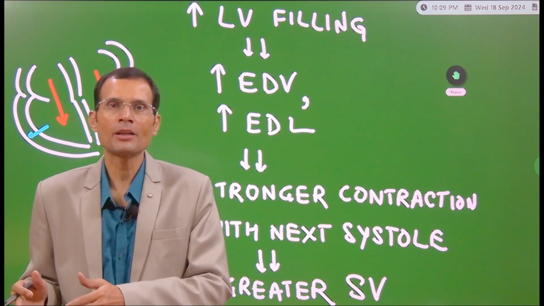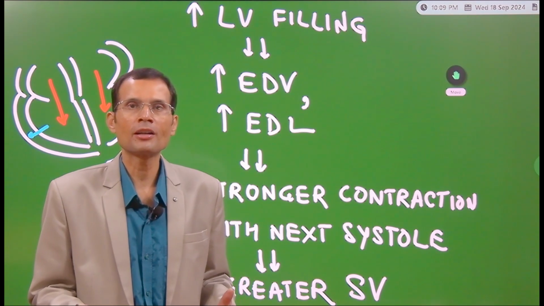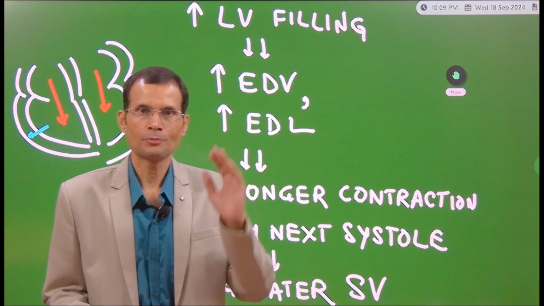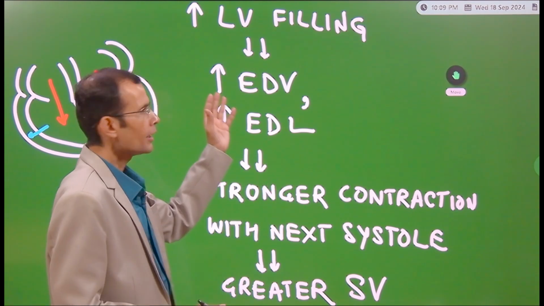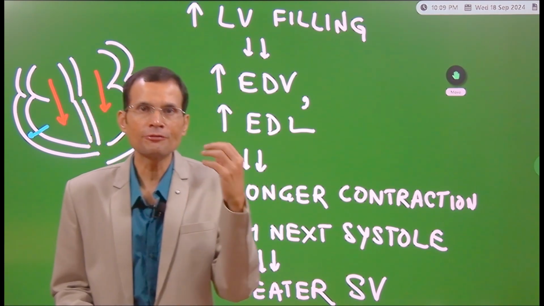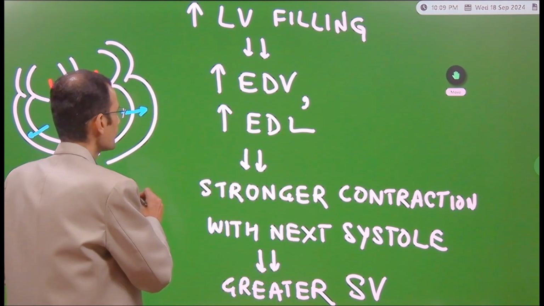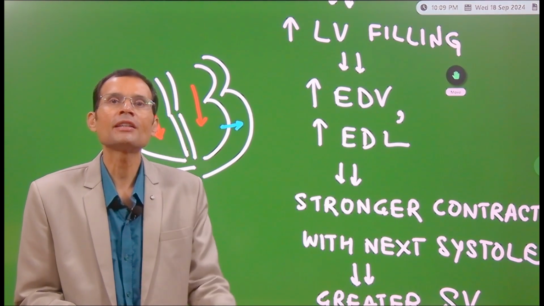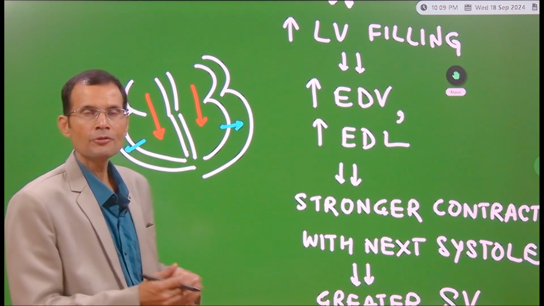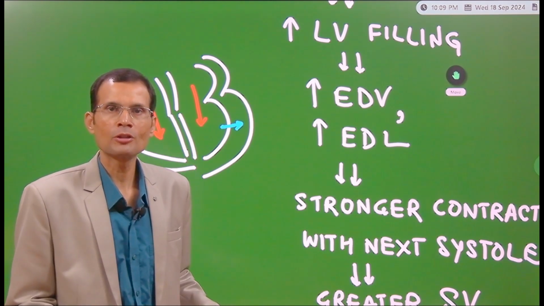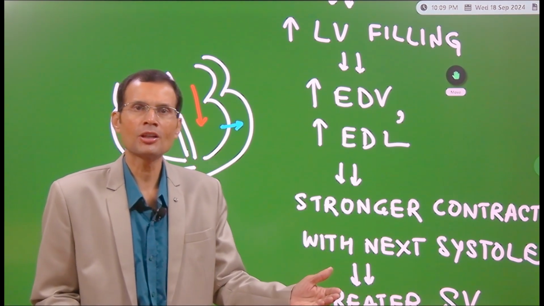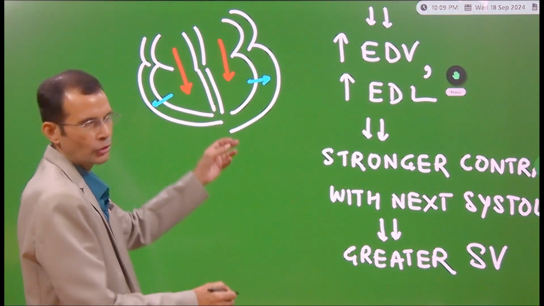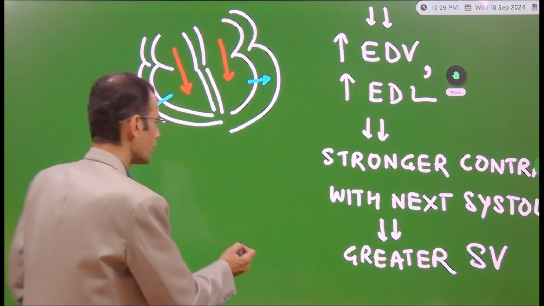End diastolic pressure is the pressure inside the left ventricle by the end of the diastole, because if more blood is filled in the ventricle, then the ventricular pressure will also increase. More blood filling, more end diastolic volume, so end diastolic pressure will also be proportionate to that. Greater pressure because greater blood has filled in the ventricle.